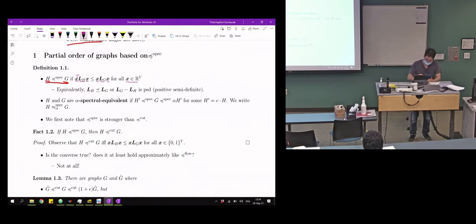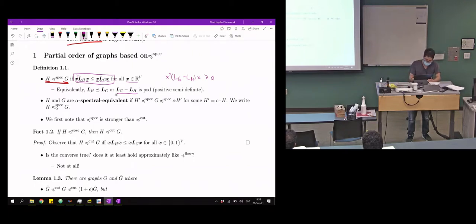Just to connect it to some linear algebra background, this is true if and only if LG minus LH, this thing, is always at least 0, which means that it is positive semi-definite.